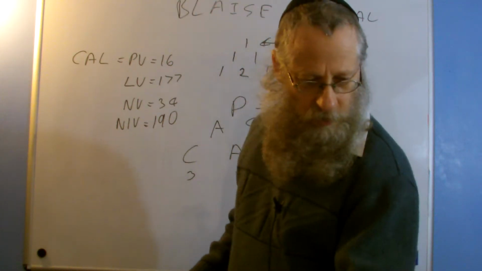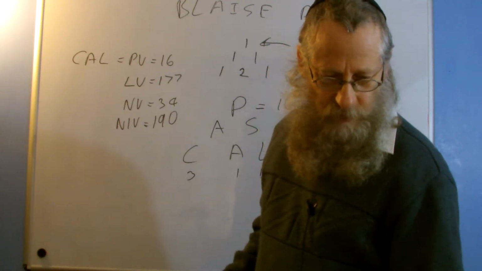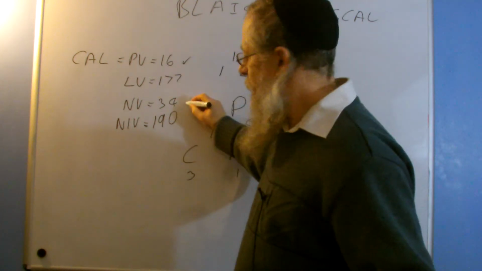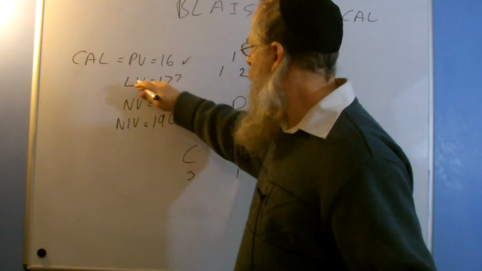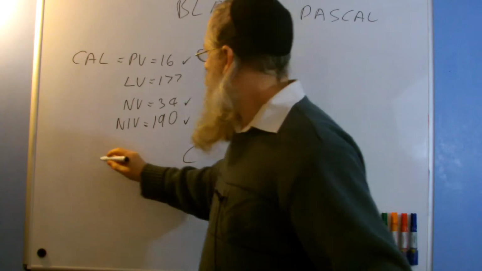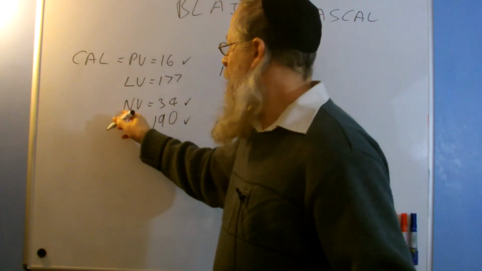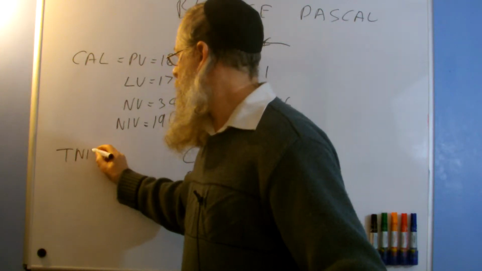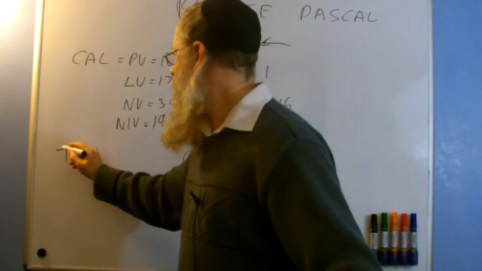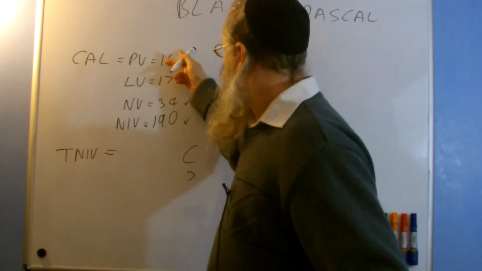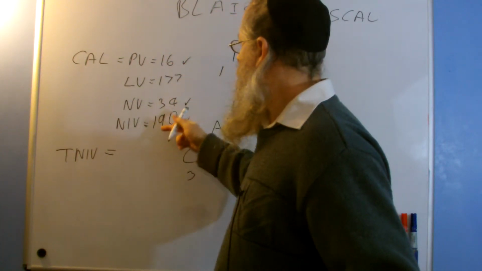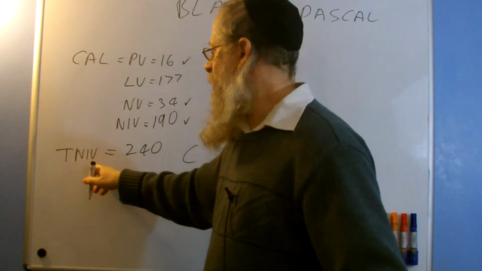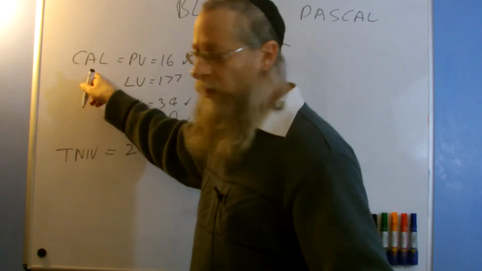So we're going to use 3 of these. We're going to use that one, and that one. These are the large value. Okay? So the placement value and the normal value gives you the total value. So the total value, we're going to add that to the NIV value. That's going to give me 16 and 34 is 50, and 190 is 240. That's the total normal value, or normal inner value of Cal.